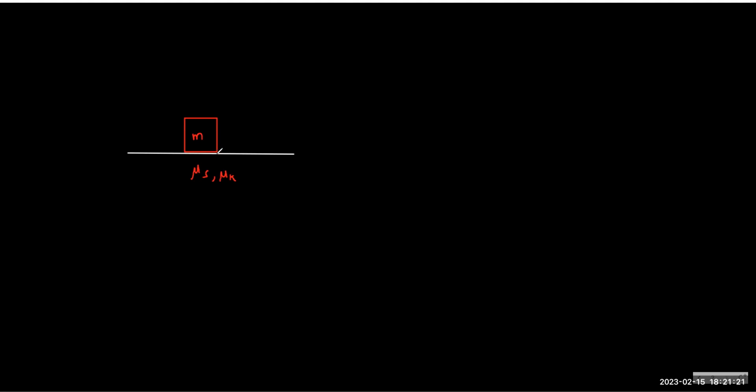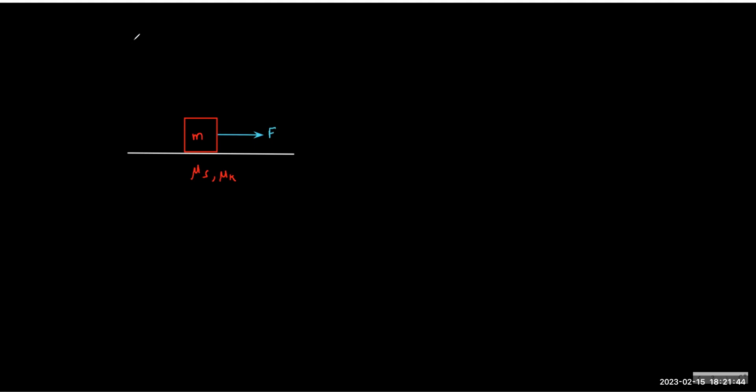Now the question is, someone is trying to pull this object. The block is pressed against the surface by gravity, gravity is pulling down and the surface is stopping it. So someone is trying to move the block.